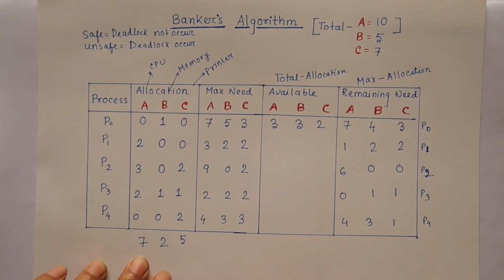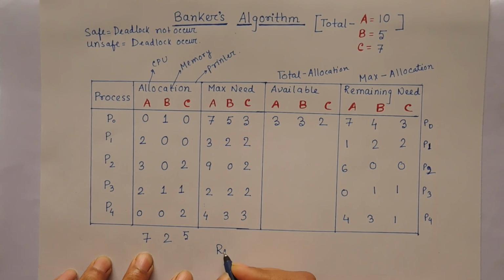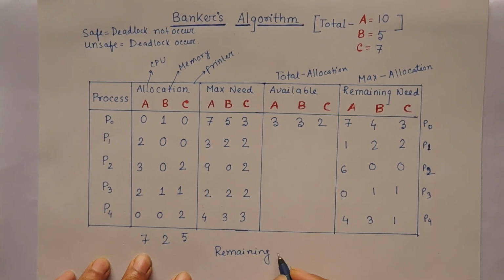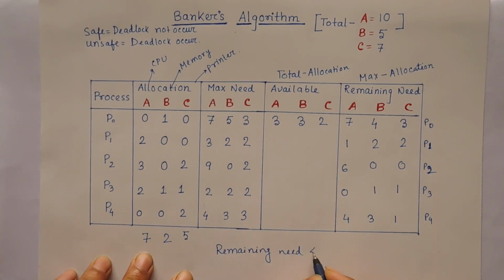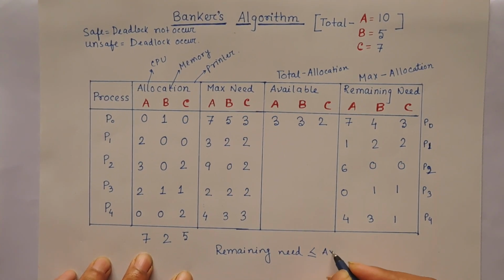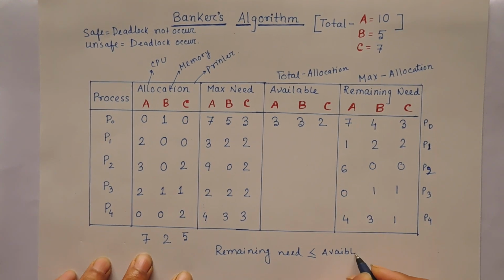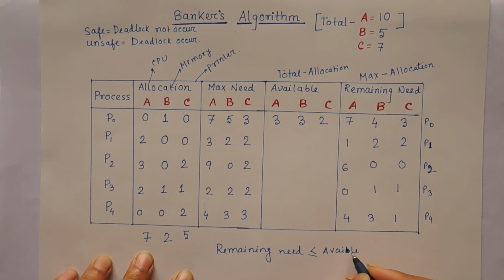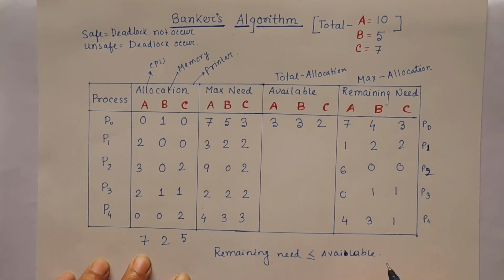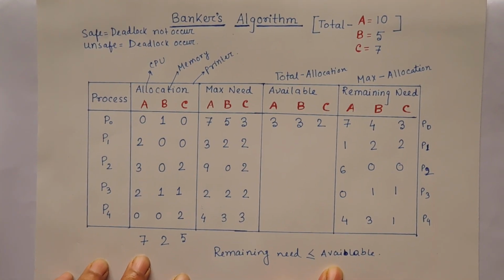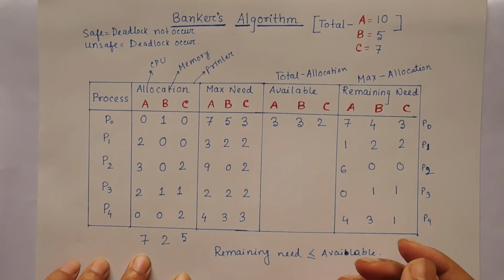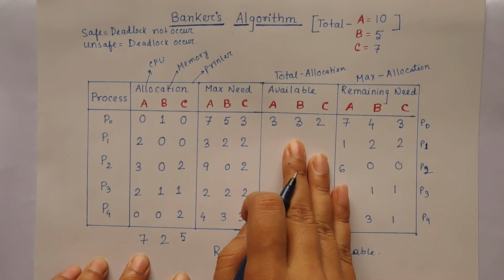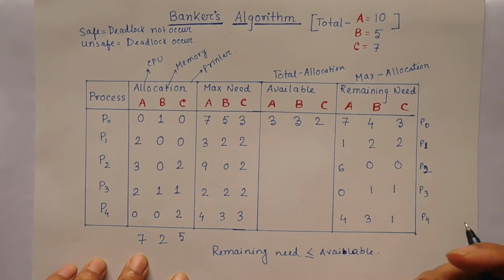So if the remaining need is less than or equal to the available resources, then only the process is executed. That means if the remaining need is more than available, how can we allocate the resources?